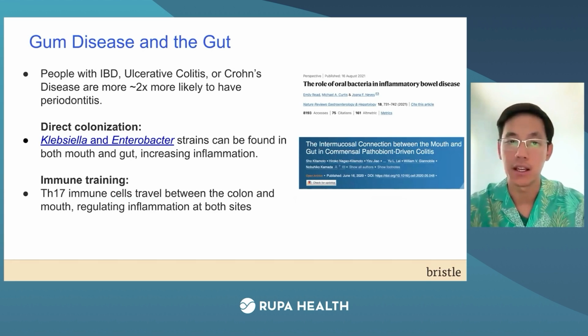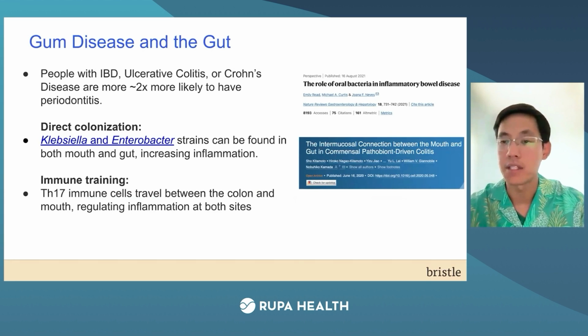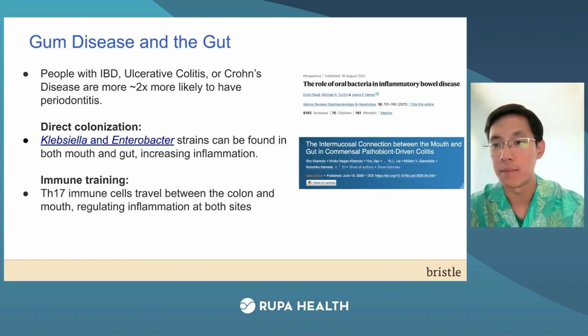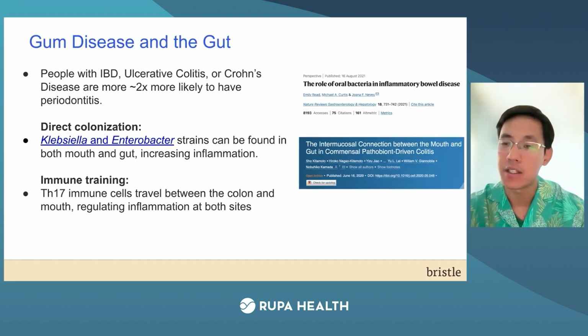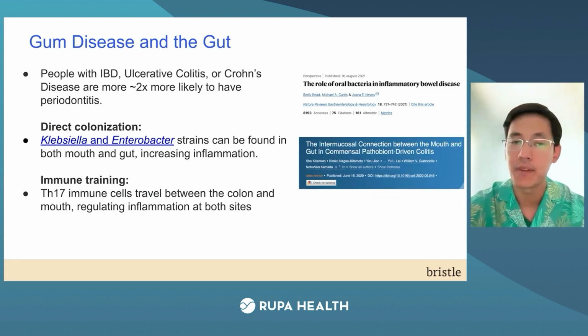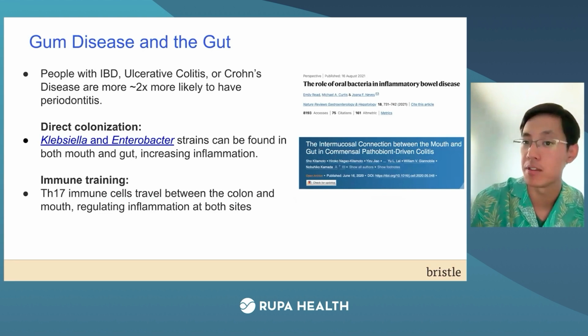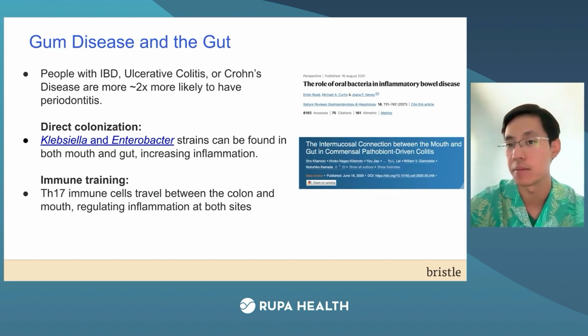And these are Klebsiella and Enterobacter. And they do two things, of course. So Klebsiella, if it's overabundant in the mouth, then you're swallowing it every day, and it will colonize the gut, especially in people who have unhealthy guts.